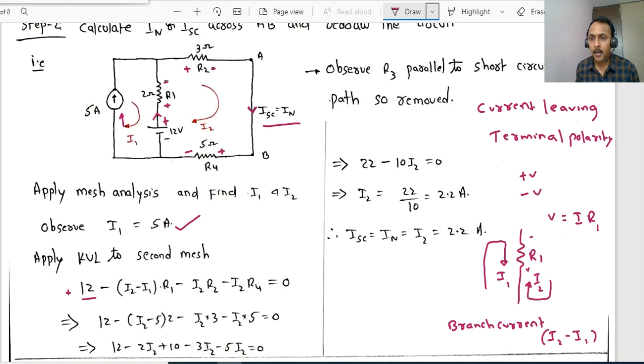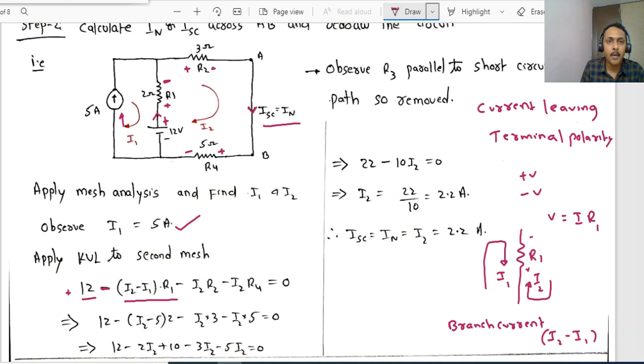Now in this problem, the current flowing in the branch is I2 minus I1, whereas I1 and I2 are the mesh currents. To calculate the voltage drop, please take the branch current, right? That is the reason the voltage across R1 is I2 minus I1 into R1. Which sign have we taken? Negative sign. Why? Because I2 is leaving the resistor R1 at the negative terminal, right?